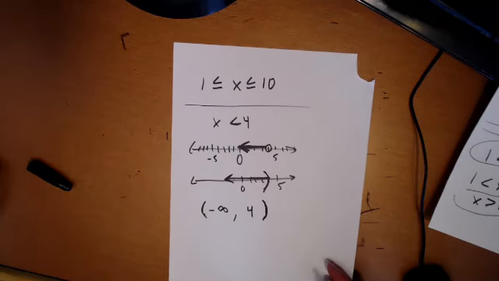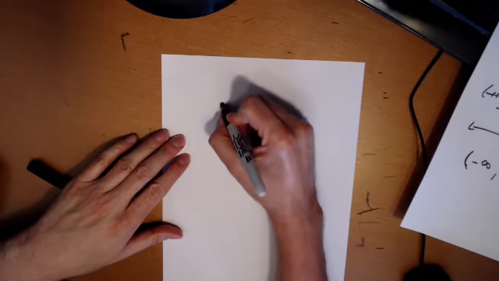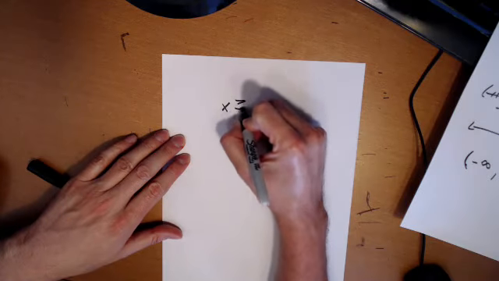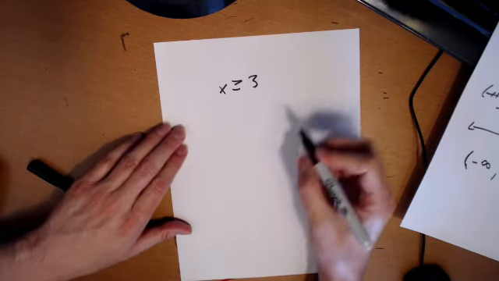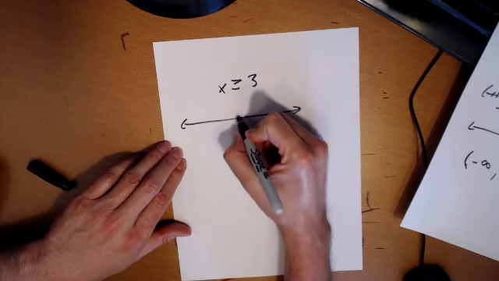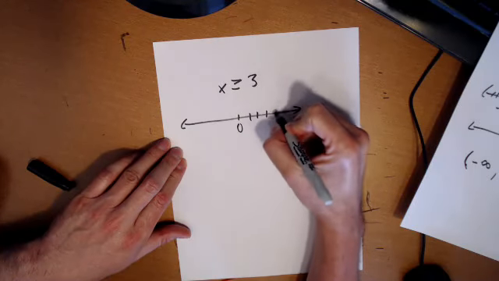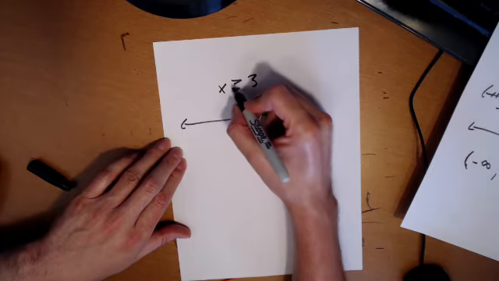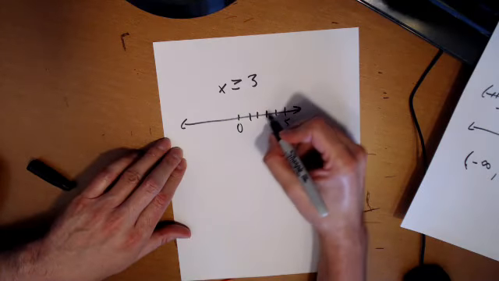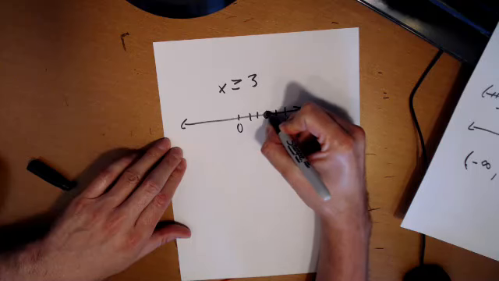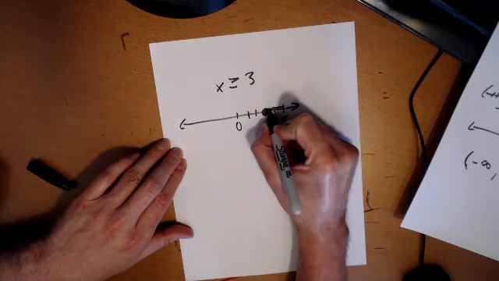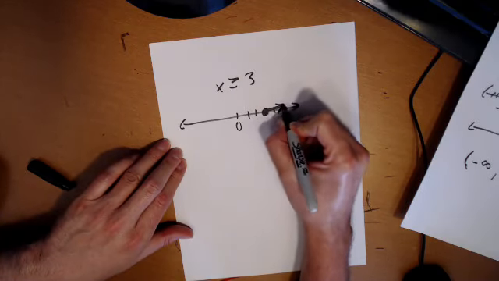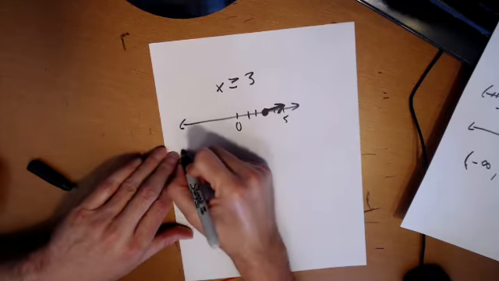Let me just do another sort of random example that'll explain it. So let's say we have x greater than or equal to 3. Okay, there's our 0, 1, 2, 3, 4, 5. So at 3, you're going to put in a closed circle, and you're going to have an arrow pointing to the right.